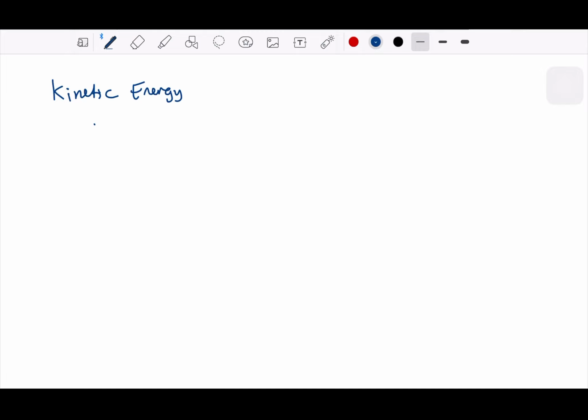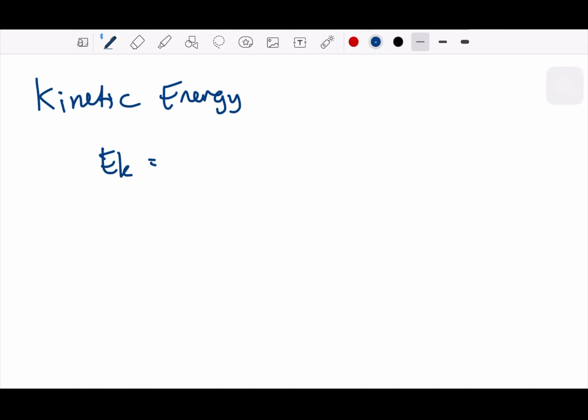So I think, as we have learned several times during your high school, the kinetic energy we can take as m and then v squared, mass and velocity.